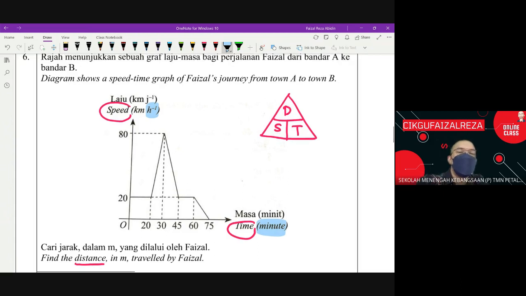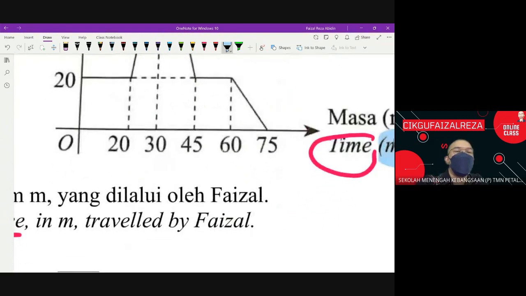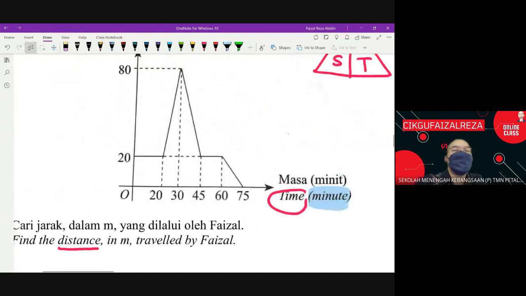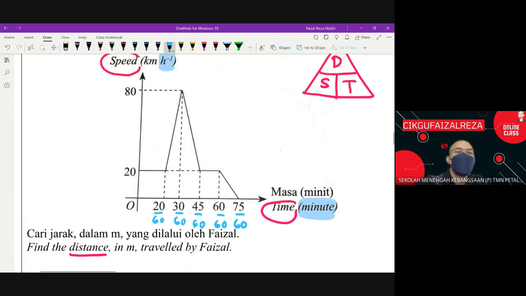So everything here we need to divide by 60. This one 60, this one 60, this one 60, this one 60, this one also 60. Why 60?